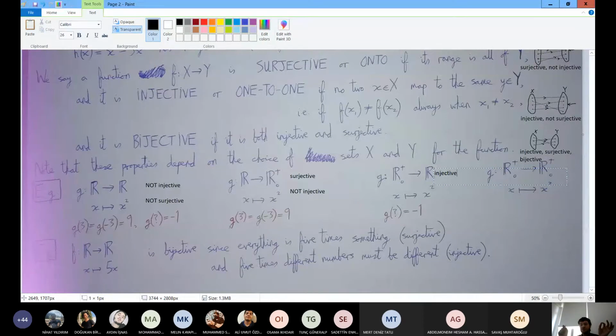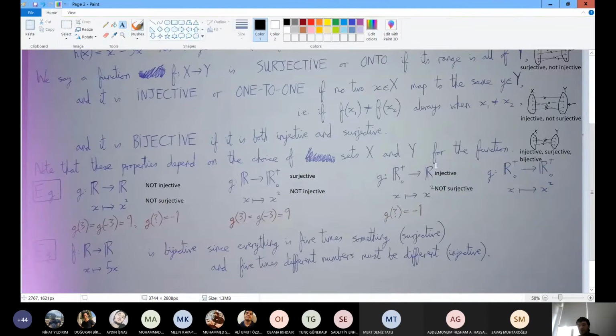If the square of two numbers is the same, then one of them is positive, the other one is negative. You have two different positive numbers, their squares must be different. So by restricting the domain, we can force it to be injective, but it's still not surjective because this set y includes numbers like minus 1, which are not covered by the function. They're not hit by any arrows.